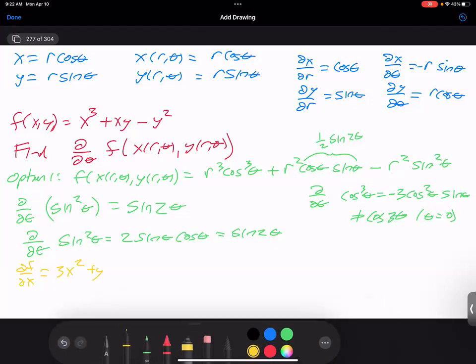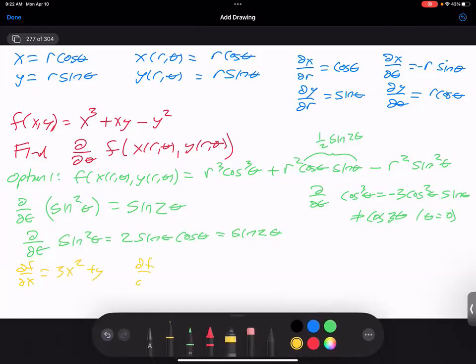And then if I do df dx at the point x of r theta, y of r theta, that would just be 3r squared cosine squared theta plus r sine of theta. We already know, I'm sorry, not df, we already know dx d theta is just minus r sine theta.